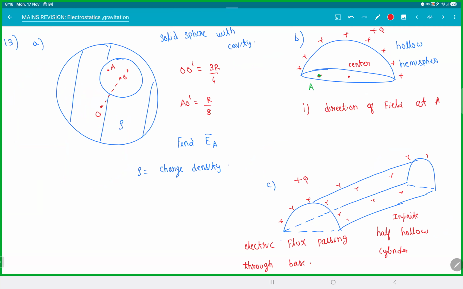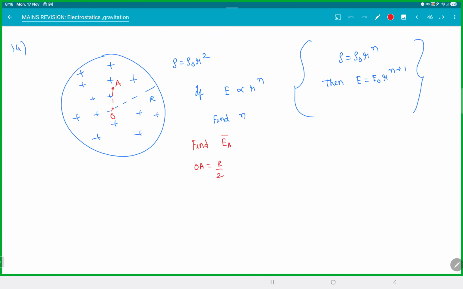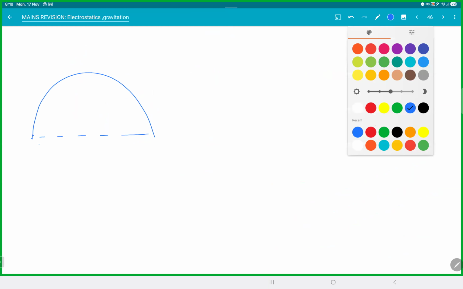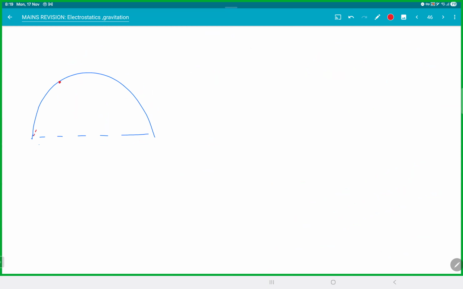Find the electric flux passing through the base. Now, if you take any one ring there, you will notice that if you join the two corners, this will always form 90 degrees.